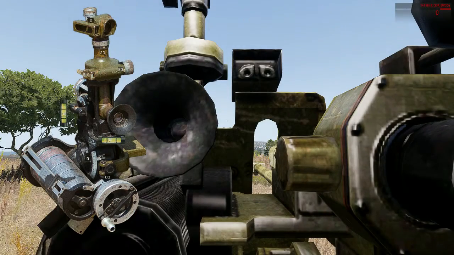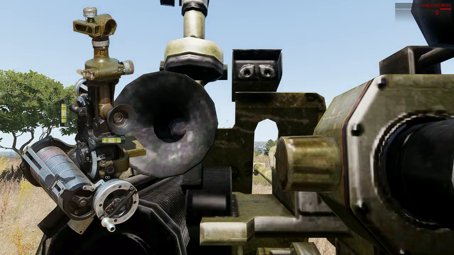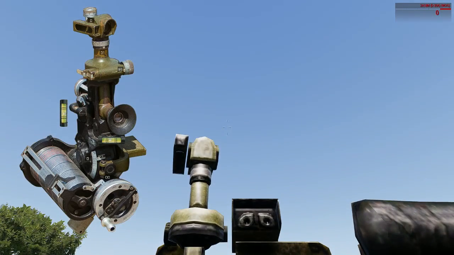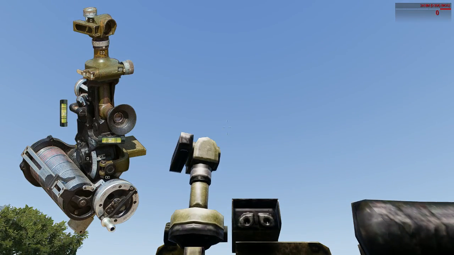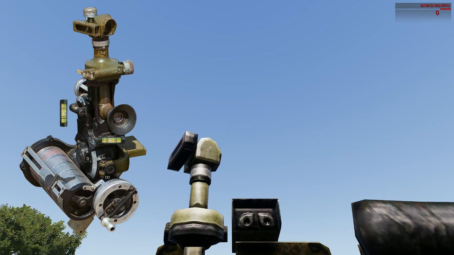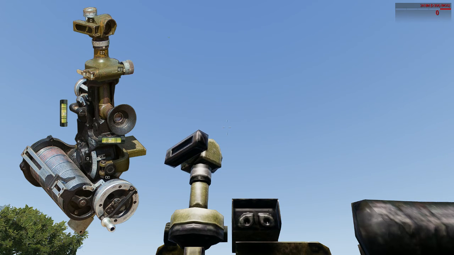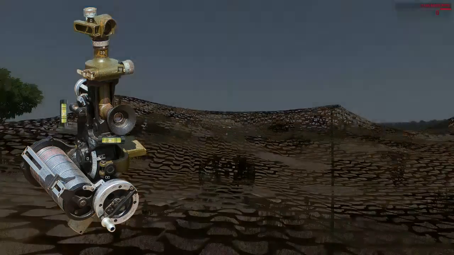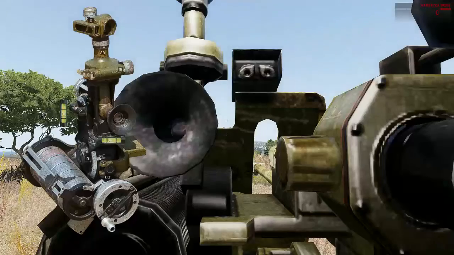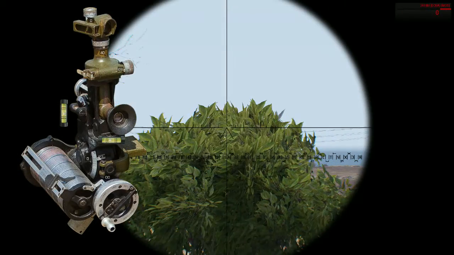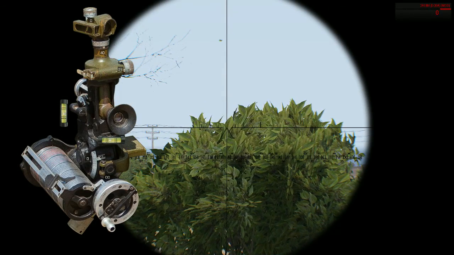Remember that we're rotating now only the periscope. You see up there, the periscope rotates to 4070.